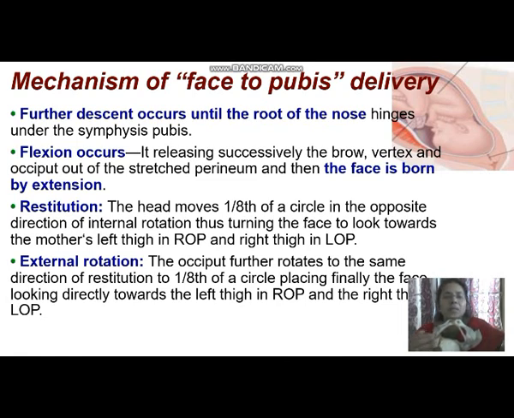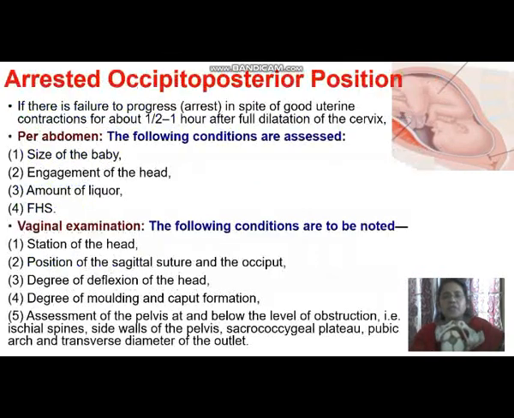Finally, the face looks directly towards the left thigh in the right occipital posterior, or right thigh in the left occipital posterior. Okay, so this is the main mechanism occurring in face to pubis. Face to pubis is delivered by the mechanism of flexion and extension. Okay, this is the mechanism of face to pubis.